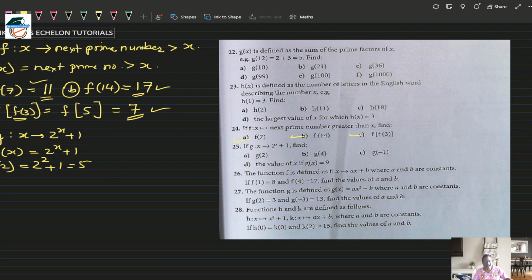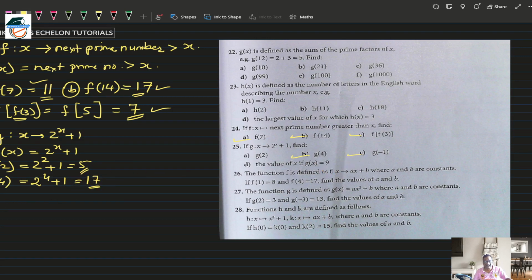B is g of 4. In place of x in the function, I will plug in 4. So 2 raised to 4 plus 1. 2 raised to 4 is 16, plus 1 is 17. So 17 is the answer for this.